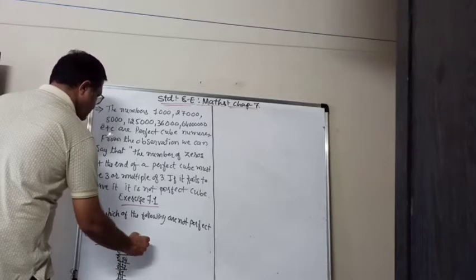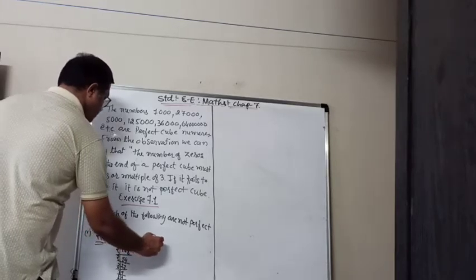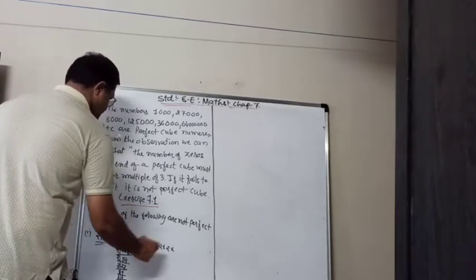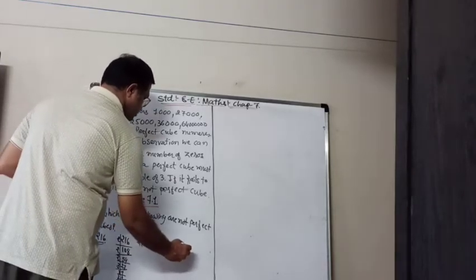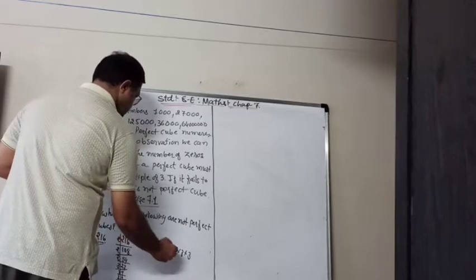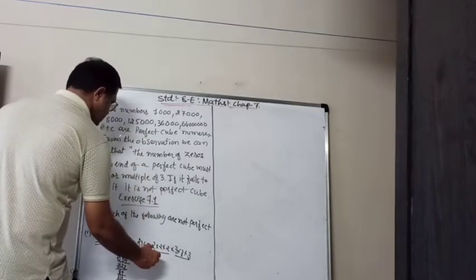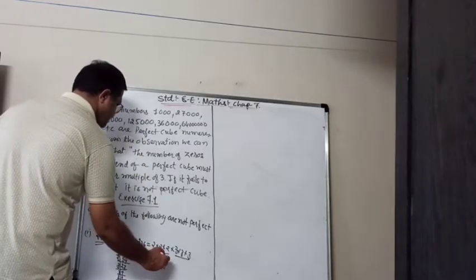So here 216 is equal to 2 into 2 into 2 into 3 into 3 into 3. So both are in groups of 3.